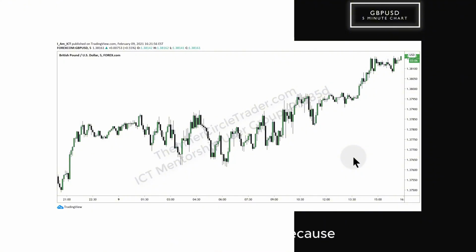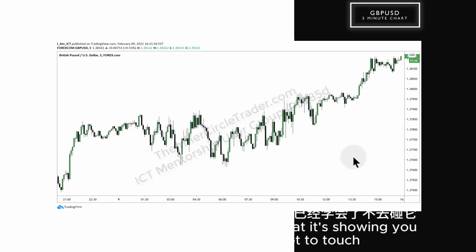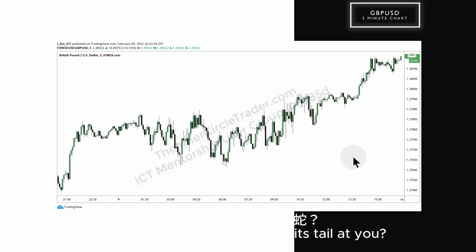Do you just roll the dice because it's your favorite market? Or do you respect the signatures that it's showing you because you've learned not to touch that rattlesnake that's shaking its tail at you, because that's what this is doing to me?